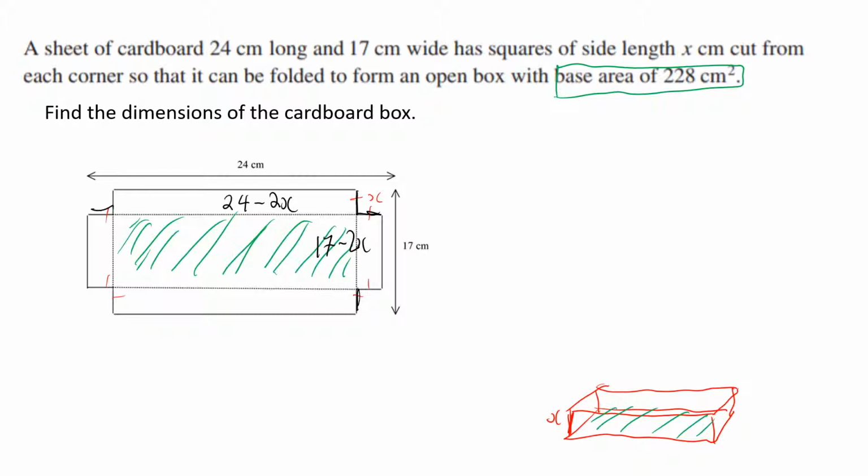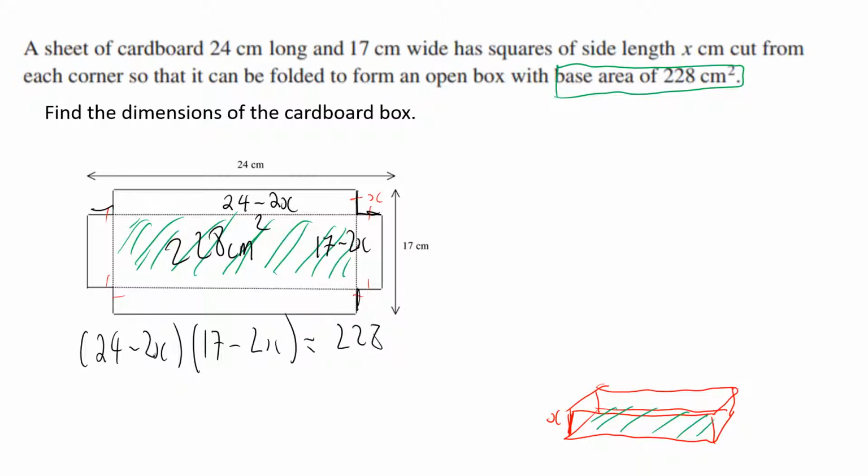Now, what we're told is the area of this is 228 centimeters squared. So what shape is it? It's a rectangle. Formula for area of a rectangle, length by width. So we can begin to set up our rule. 24 less 2x, length times width, is equal to 228. That's the equation I need to solve.